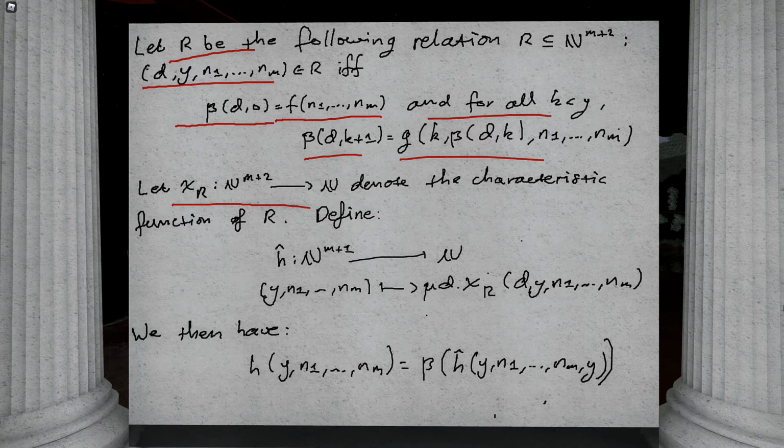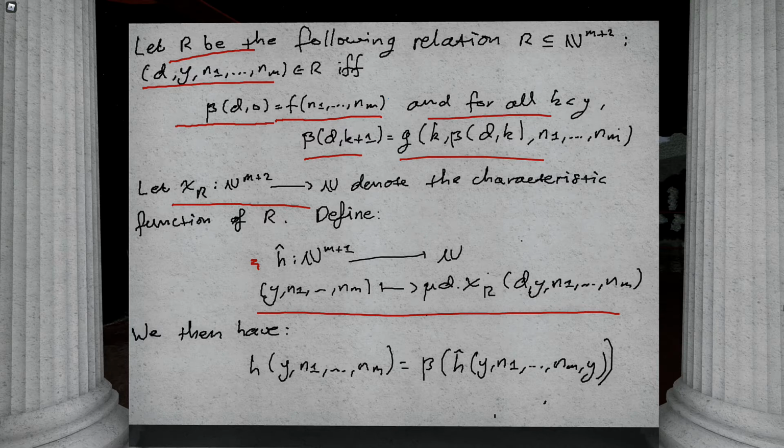The reason why is because there is such a tuple that satisfies this constraint. When I have such a thing, I can take the characteristic function and know that the minimization of it is still an element of the general recursive functions. So I define h hat here, which finds the minimal d that encodes the sequence that I just mentioned.